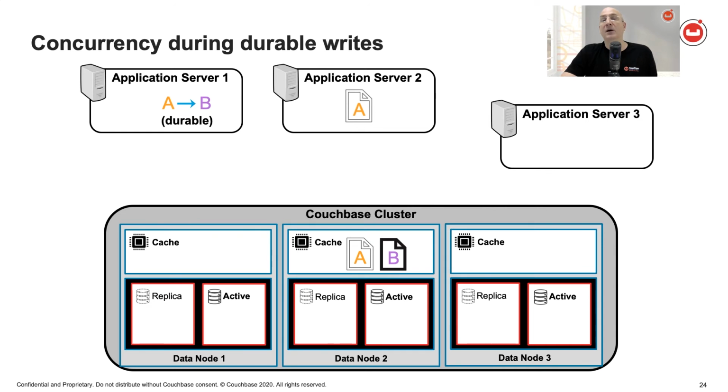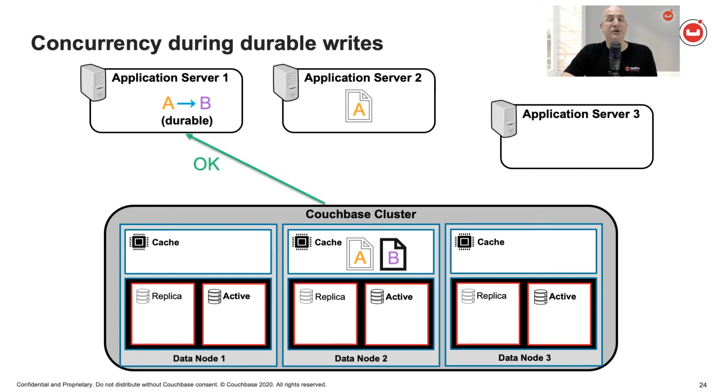Application 3 comes along and wants to change the document, whether it is a durable change or an asynchronous change. It doesn't really matter. In either case, it will get an error message. Application 3 can retry the operation again later. Now, application 1 gets an acknowledgement from the cluster that the write operation has completed successfully.